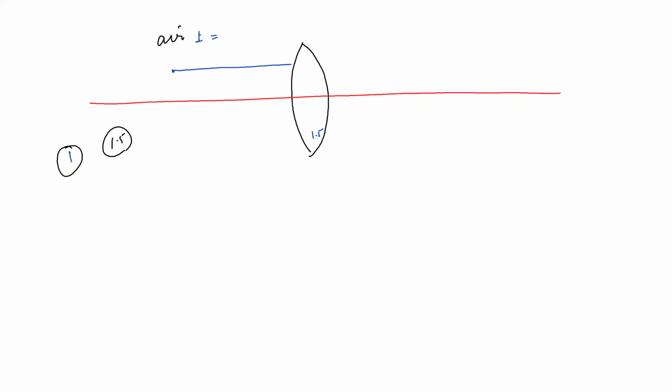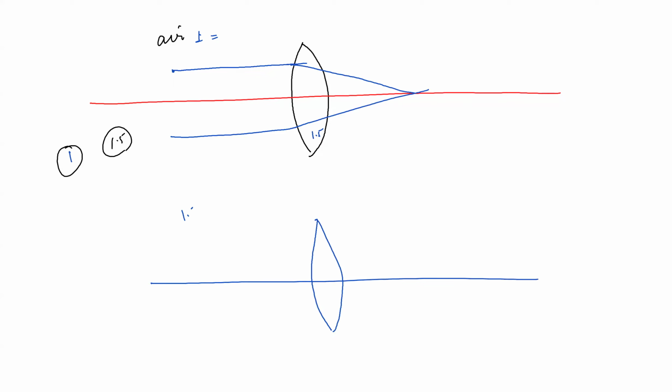Got the point? The light, you see, bends more. But when you place the same lens in water, the water's refractive index is 1.33 and glass refractive index is 1.5. So between 1.33 and 1.5, there's only a little difference.